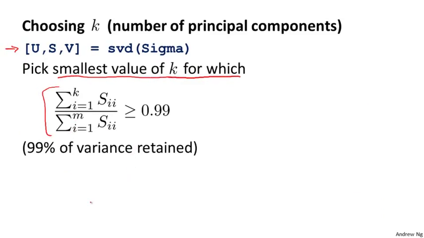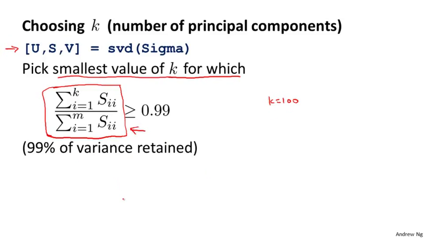And by the way, even if you were to pick the value of k manually, maybe I have 1,000-dimensional data and I just want to choose k equals 100, then if you want to explain to others what you just did, a good way to explain the performance of your implementation of PCA is to compute this quantity, and that will tell you the percentage of variance retained.